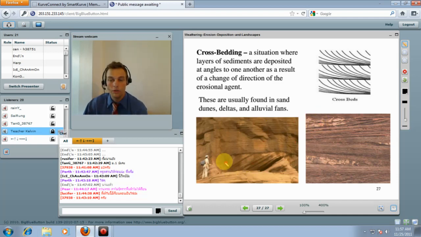Okay, so this is really fascinating. Cross-bedding is a situation where layers of sediment are deposited at angles to one another as a result of a change of direction of the erosional agent.